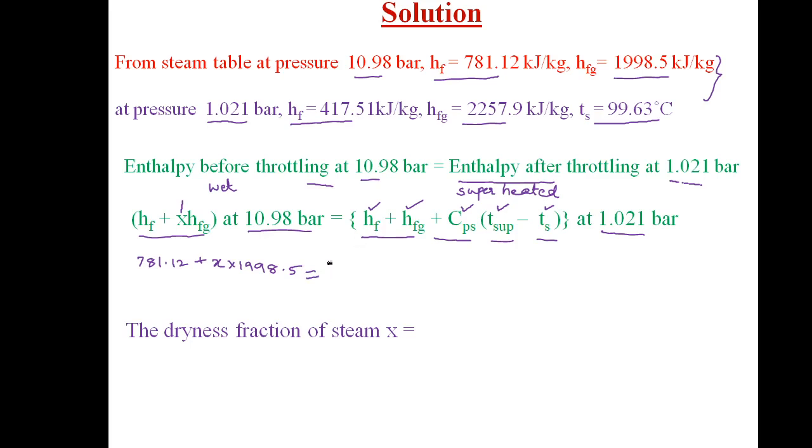That is hf, 417.51, plus hfg, 2257.9, plus the specific heat of steam, 2.1, times T_sup, the temperature of superheated steam, already given as 110 degrees Celsius in the problem, minus T saturation, which we have taken as 99.63.